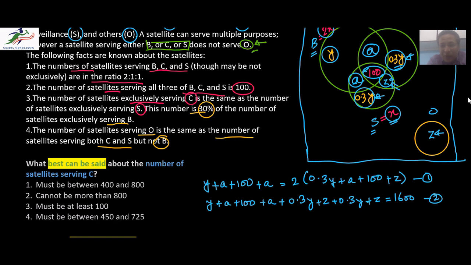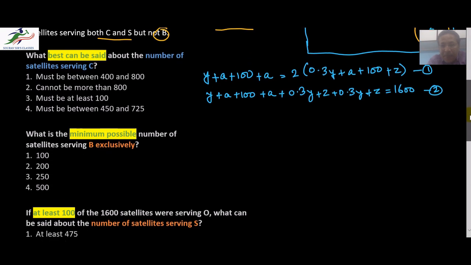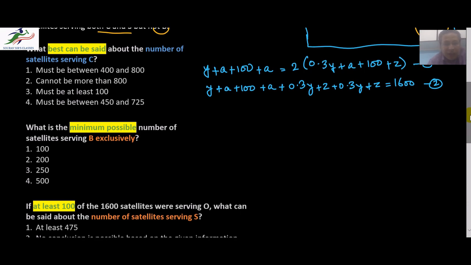So I simplify these two now. I simplify the first one first, which will give me Y minus 2 into 0.3y, which is Y minus 0.6y, that is 0.4y. And then I have A and 2A, so A will cancel out.